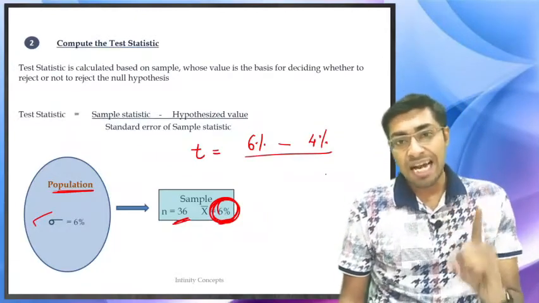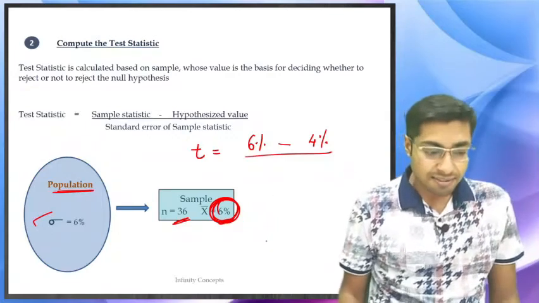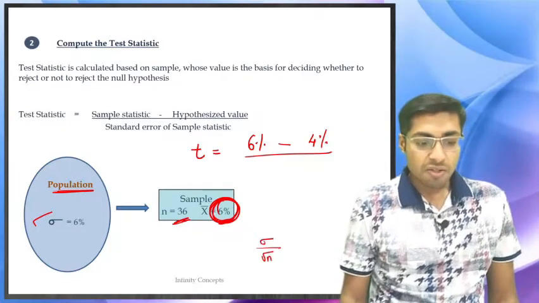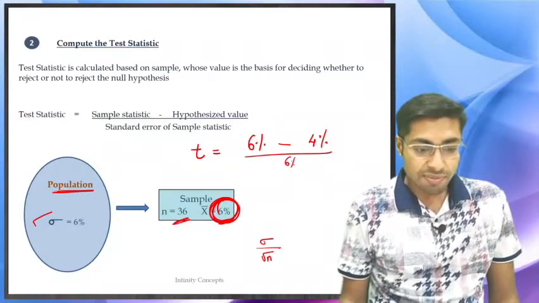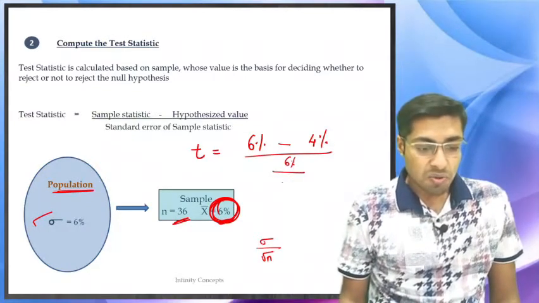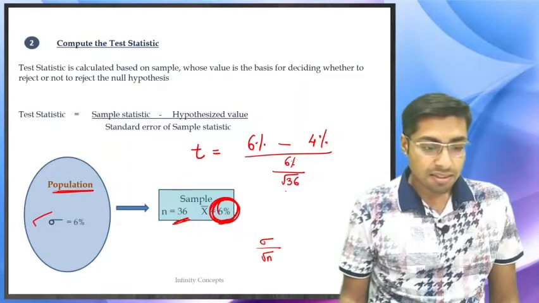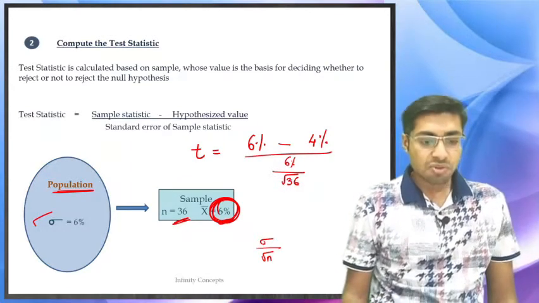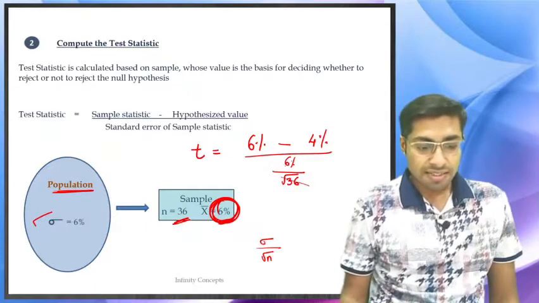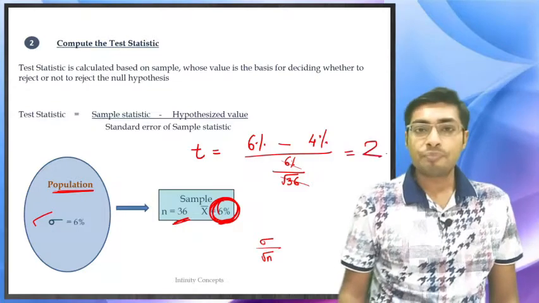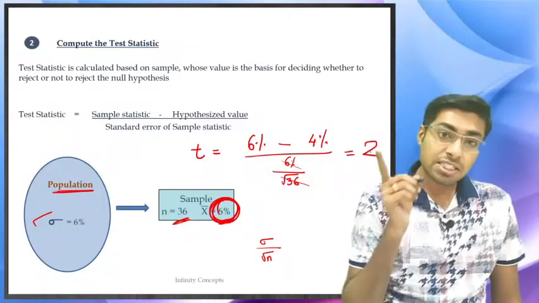Now what is your standard error? Standard error is population standard deviation divided by root of n. So population standard deviation is 6% divided by root of 36, which is again 6. So 6 and 6 cancel, 6 minus 4. Your t statistic is 2.